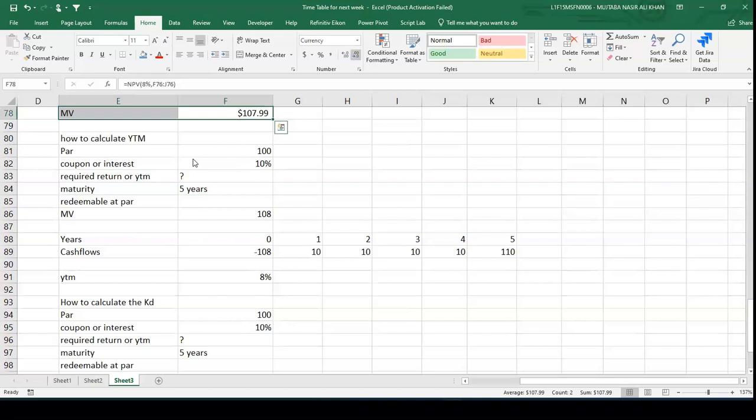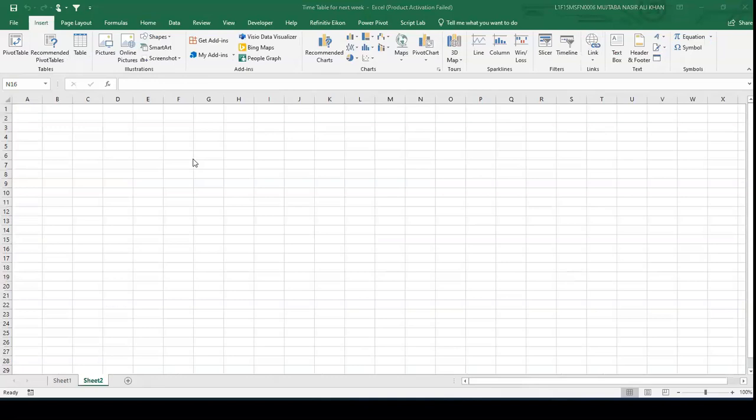All of these formulas are available in the exam. I will not tell you any formula that is not available in the exam. I'm not teaching the Excel now. I'm teaching you the AFM.